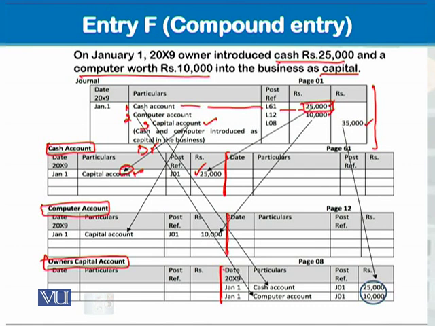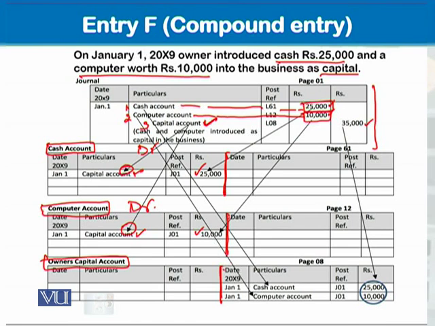Computer is also being debited with 10,000. So in the computer account, debit side, put 10,000. And why is this computer being debited? Because of the capital account. So place this capital account over here. Consider this arrowhead. So this is the debit that we have posted in its relevant ledger account.